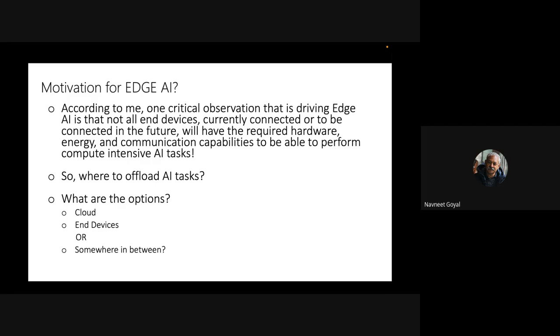Options are not many: you either send all your data to the cloud, or you do it in the end devices. As I said, end devices may not have the hardware capabilities to do that. So now we are looking at a solution that is somewhere in between.